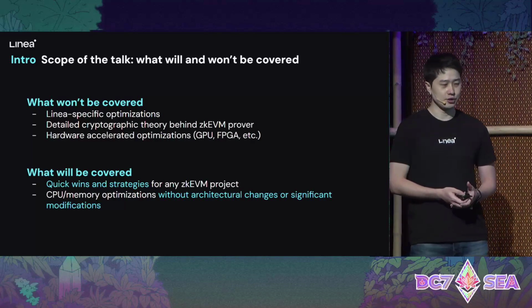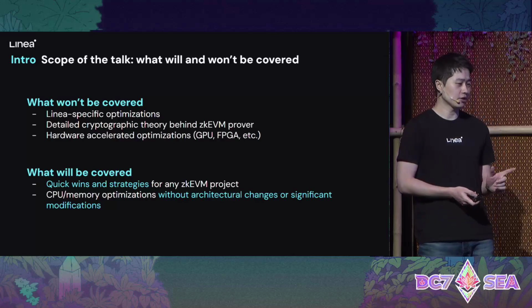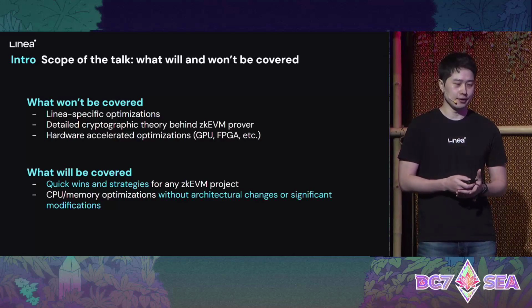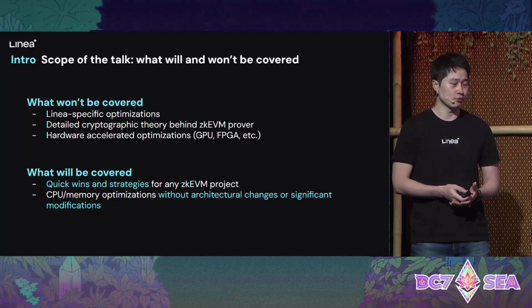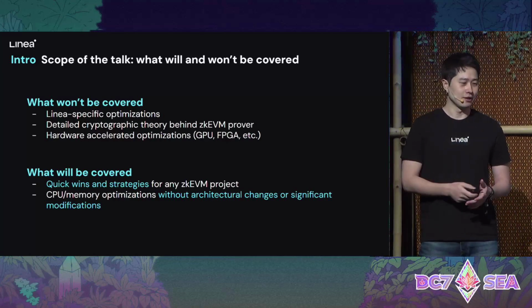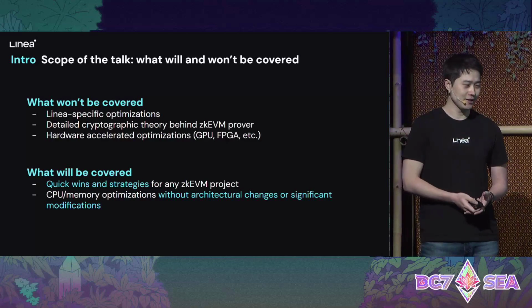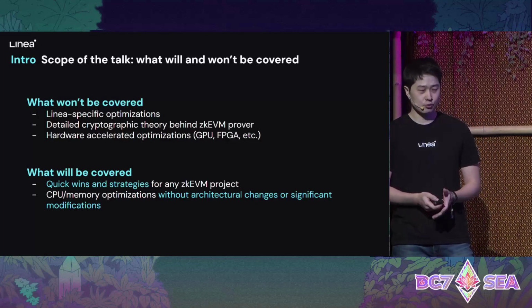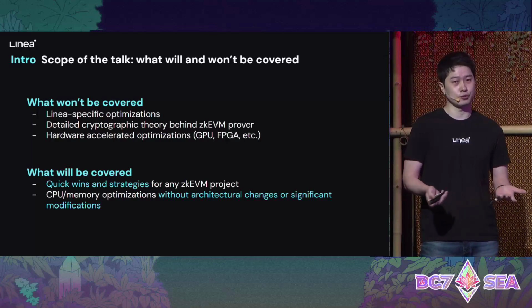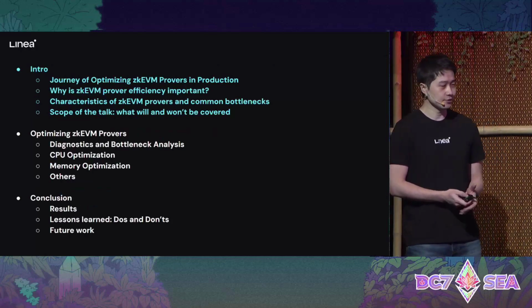We'll focus on CPU optimizations. Here, I will cover some quick wins and strategies, so you can just pick them up and apply them to your project in a week or 2 weeks, or sometimes maybe on the flight going back home. I will share mostly CPU and memory optimizations without any significant changes to your architecture or your code. So that was the intro.